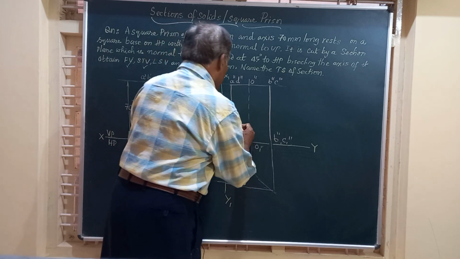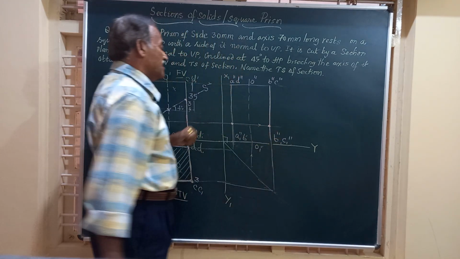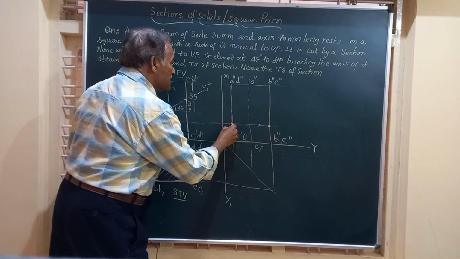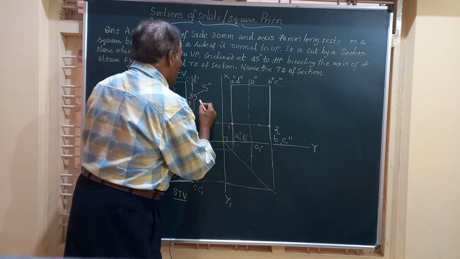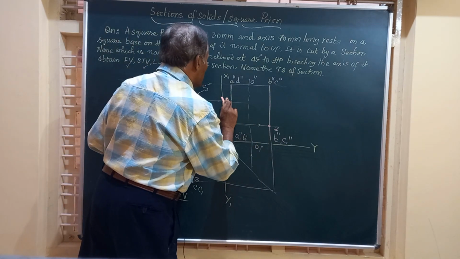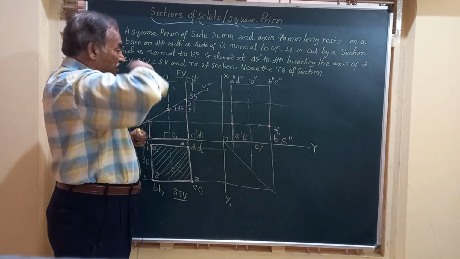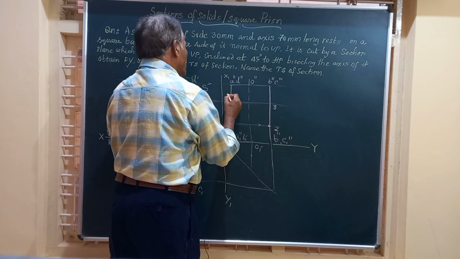Similarly for BB, it is also cut here. So I will mark this point also. Likewise friends, this is 1, this is 2, and friends 3 and 4. Draw a horizontal line from there and obtain these two. So friends, we are getting the point 3 on CC, point 4 on DD.